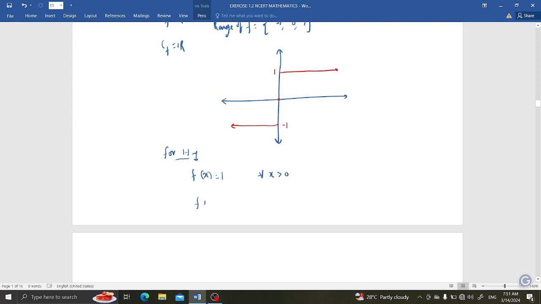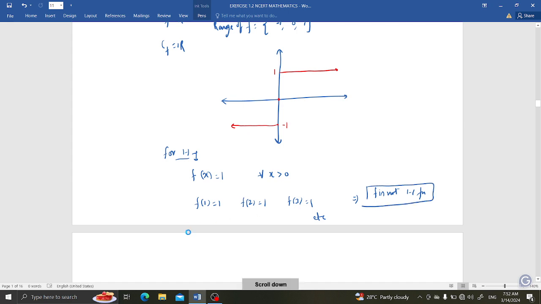It means f of 1 is 1, f of 2 is also 1, f of 3 is also 1, and many more. f is not a one-one function.